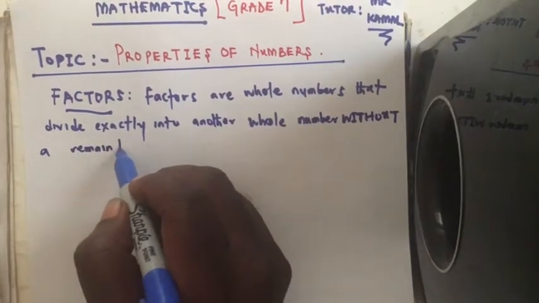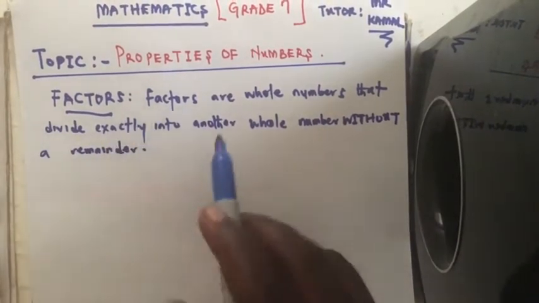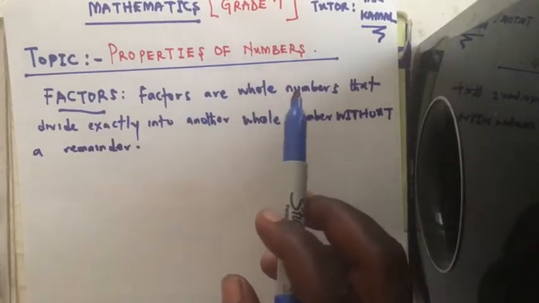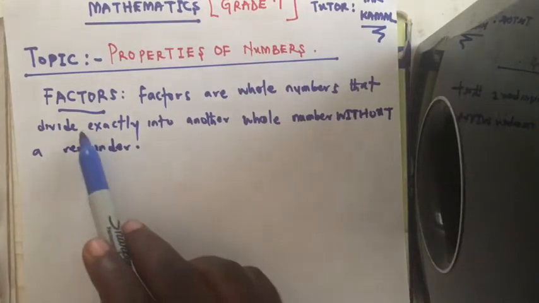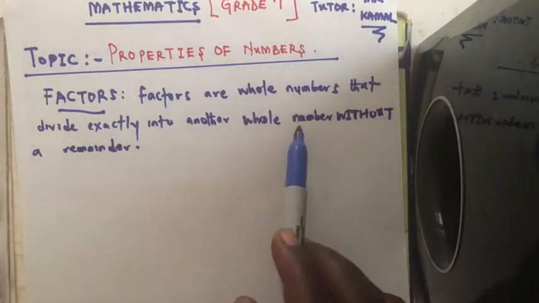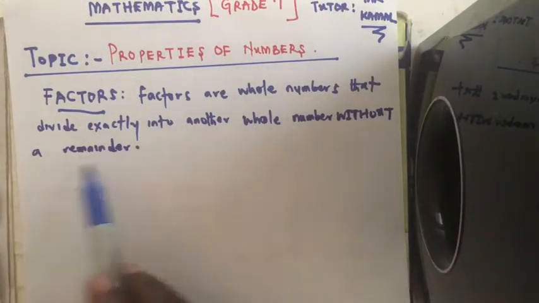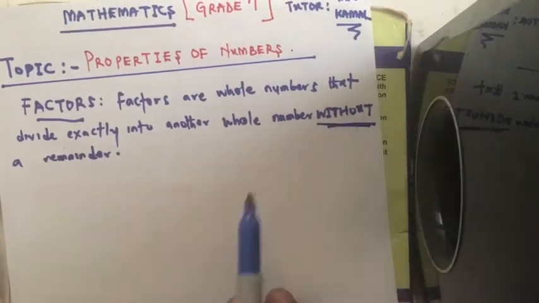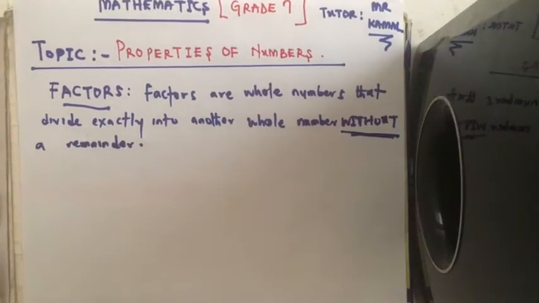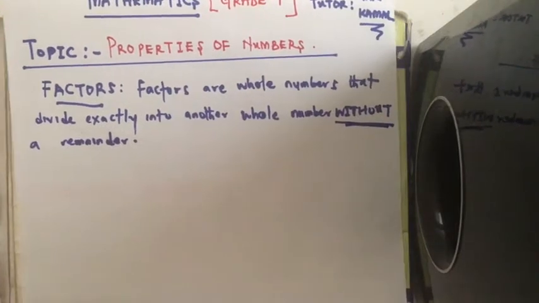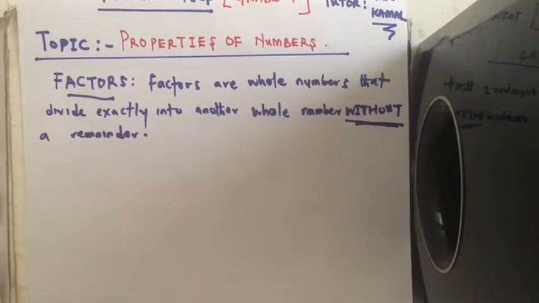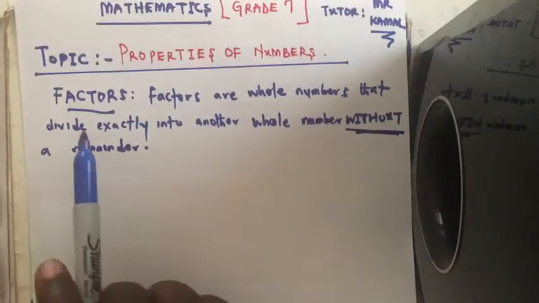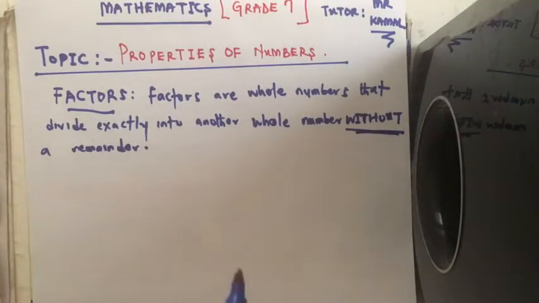So let's quickly go through what we have here. Factors are whole numbers that divide exactly into another whole number without a remainder. Take note of this: without a remainder. So those numbers will go into those particular numbers without giving any remainder. So those are factors.